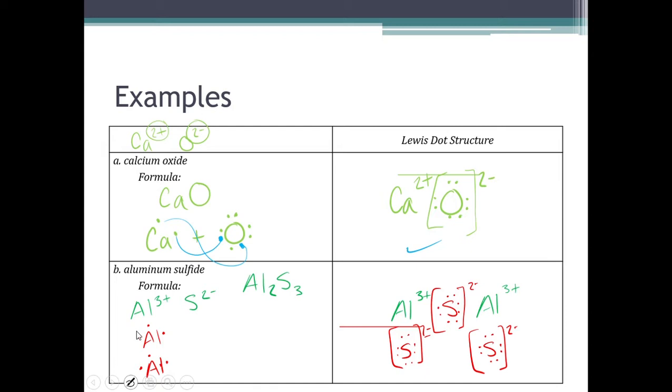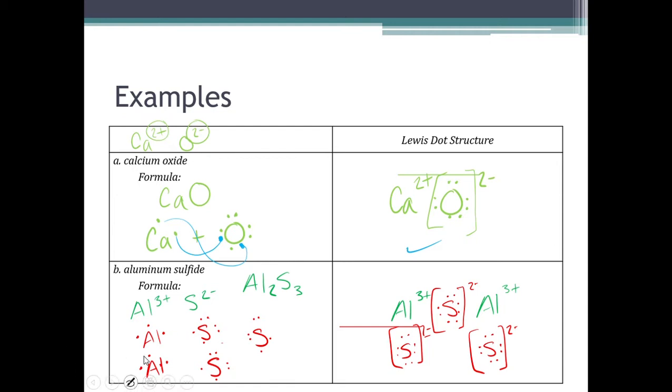And then we'll draw our sulfurs over here. Sulfur with its 1, 2, 3, 4, 5, 6. Another sulfur, 1, 2, 3, 4, 5, 6. And another sulfur, 1, 2, 3, 4, 5, 6.